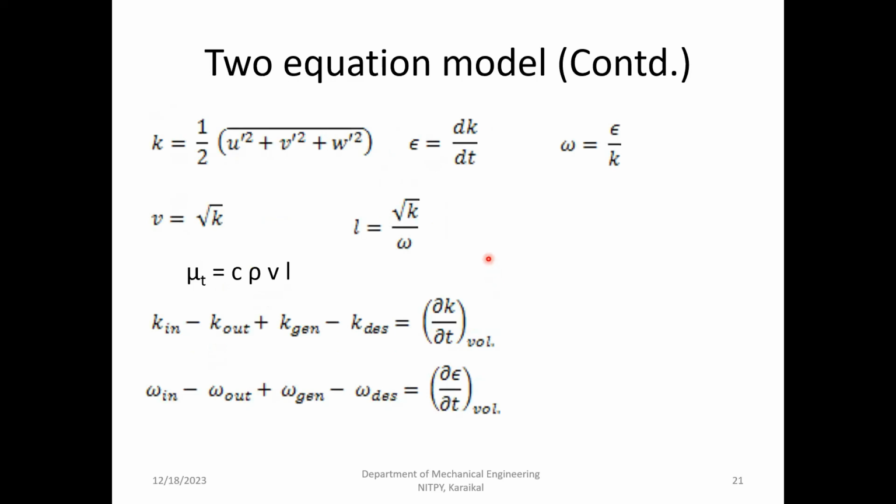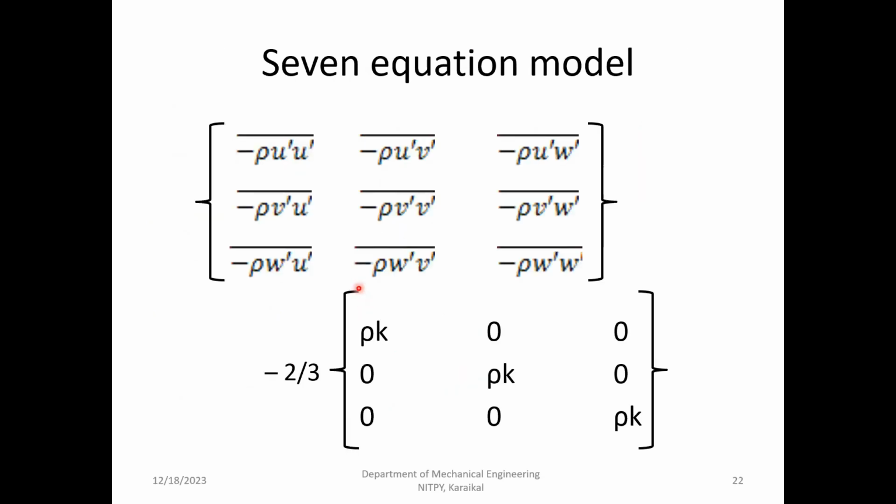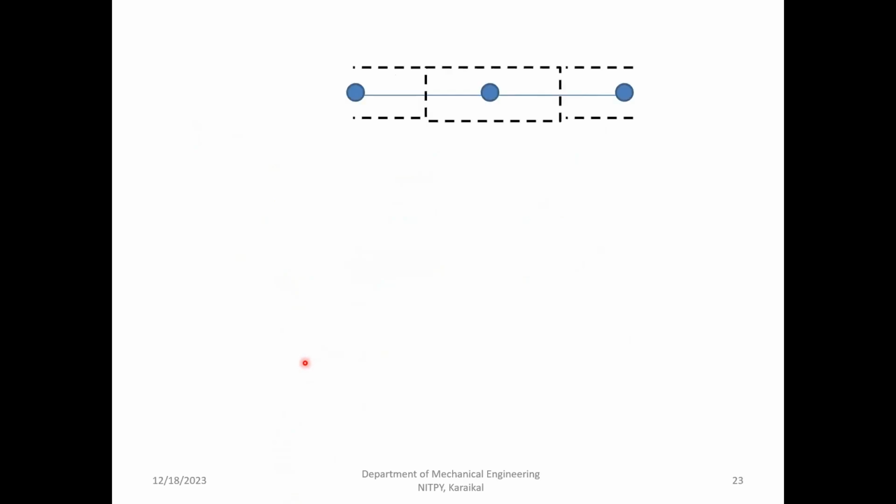Or we can have omega. Omega is nothing but epsilon by K. So depending on the fluid dynamics problem, you'll be having different kinds of models. We can have a 7 equation model where you model rho U prime U prime, U prime V prime, the diagonal matrices. Okay.